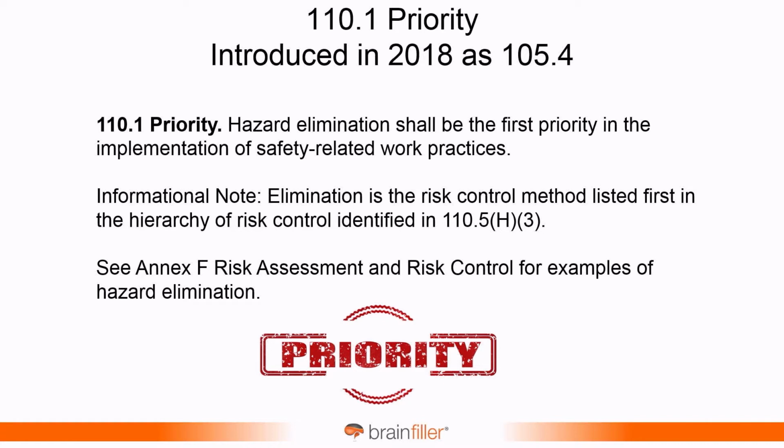There's also an informational note that references that hazard elimination is top on the hierarchy of risk control methods. It's at the top. And even the annex about risk assessment gives examples of hazard elimination. Elimination is number one for all of this.